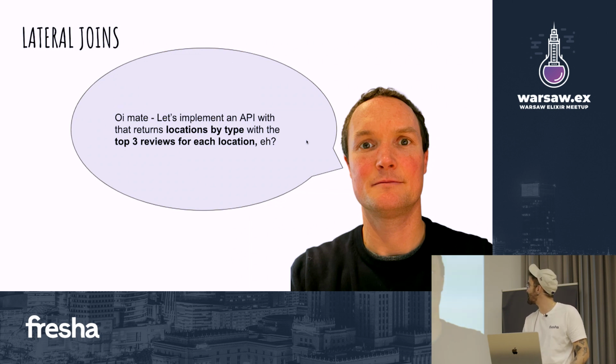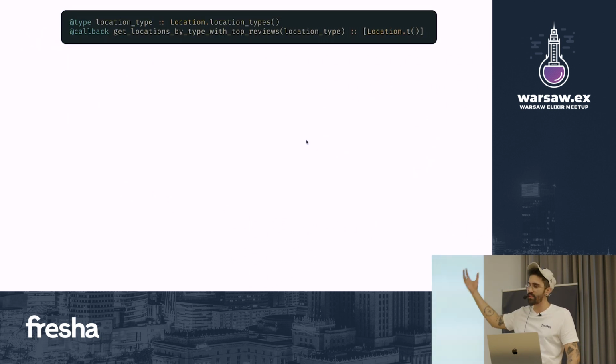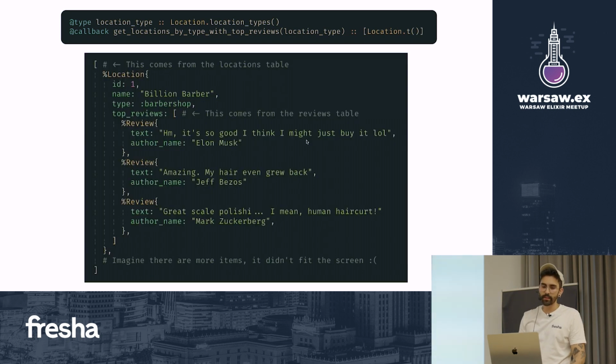In that context, locations are, again, venues. So the contract would look something like this: get locations by type with top reviews, having the location type as a parameter, and the return type would be something like that.